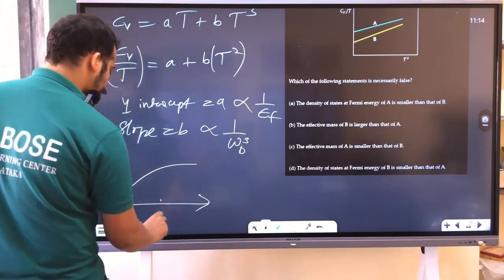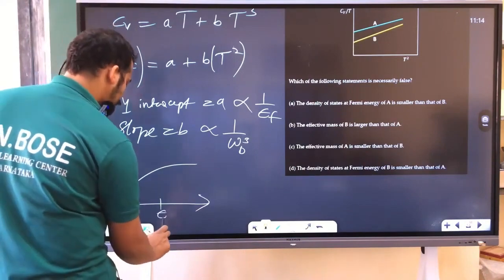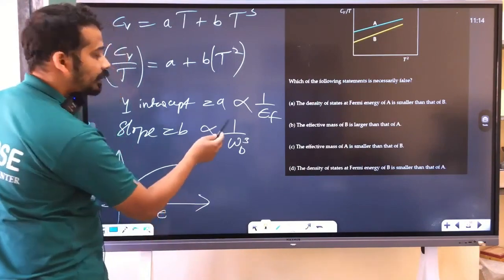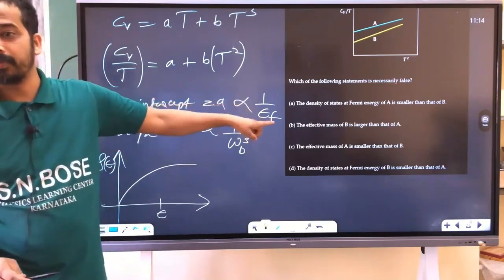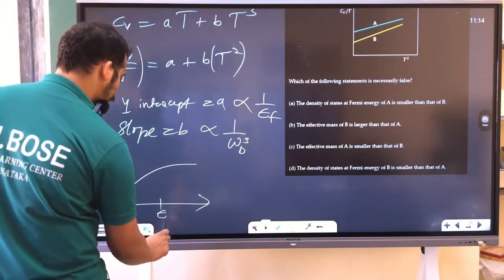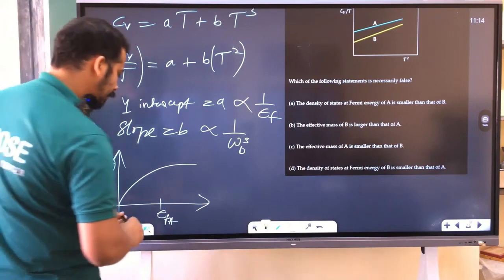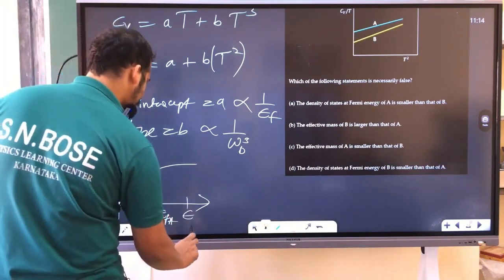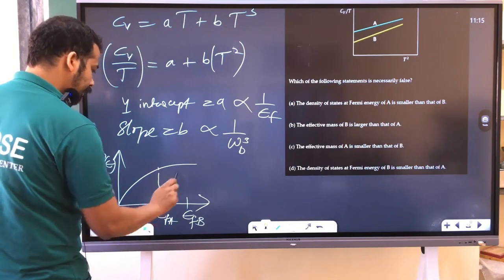Now suppose metal B has lower Fermi energy. No, higher, because this y-intercept is inversely proportional to Fermi energy. So A has lower Fermi energy, isn't it? So EFA and EFB somewhere here. So now, density of state.